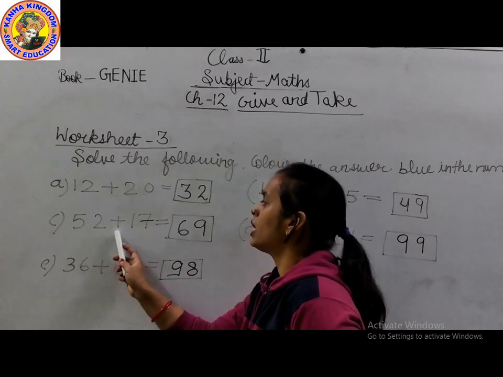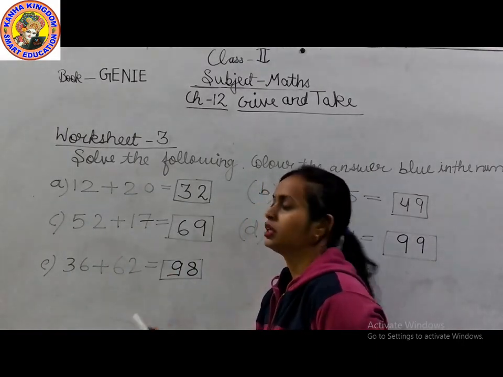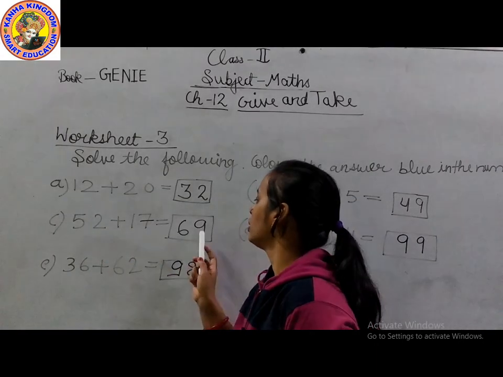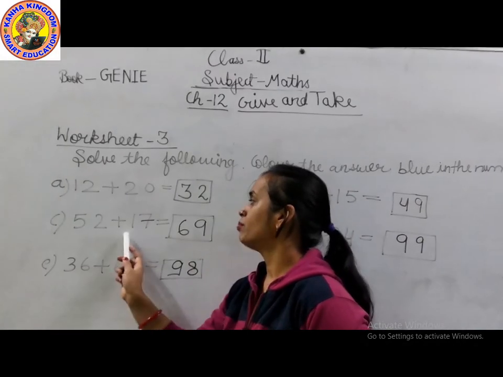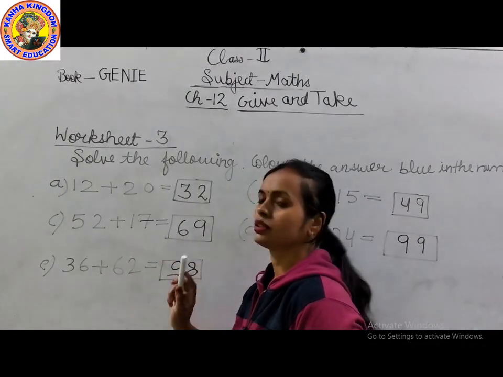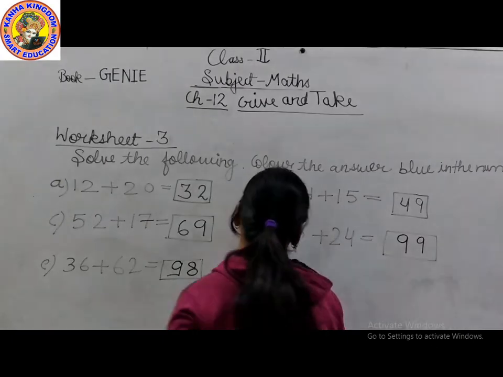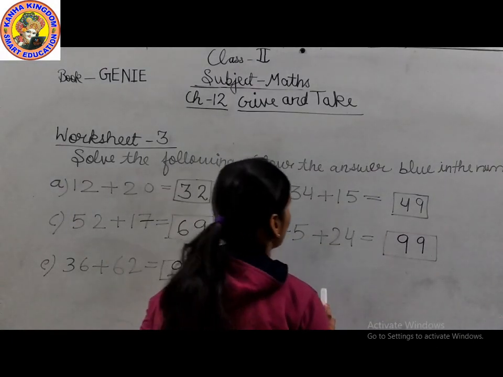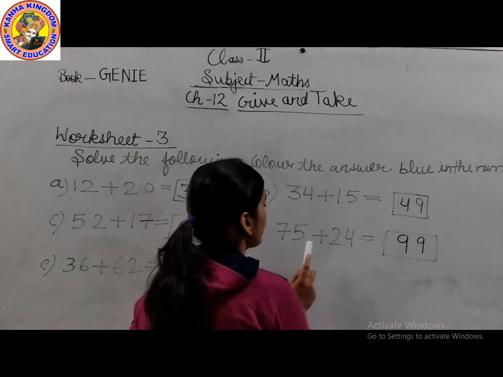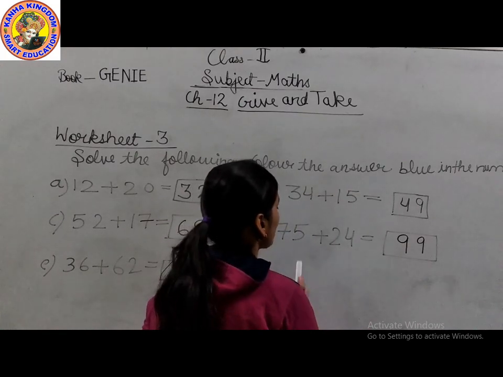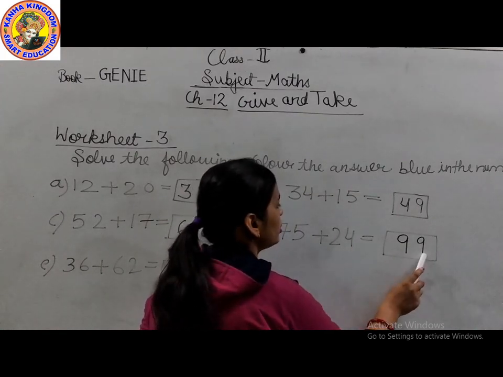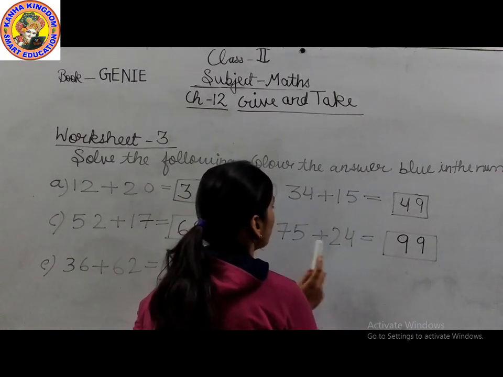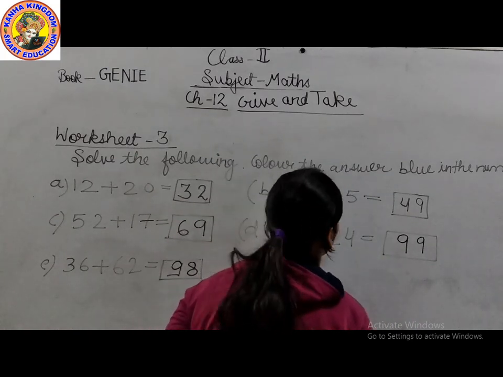Now 52 plus 17. So 2 plus 7, 9. 5 plus 1, 6. Okay. So 52 plus 17 equals to 69. Now next is 75 plus 24. So 5 plus 4, 9. 7 plus 2, again 9.